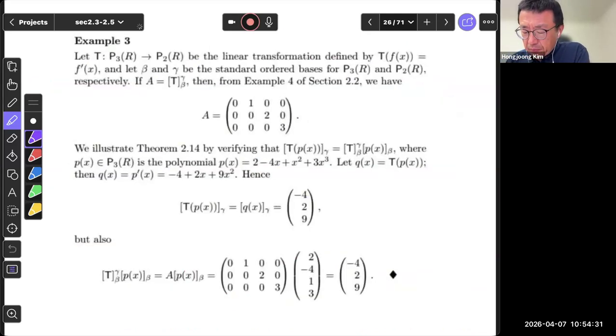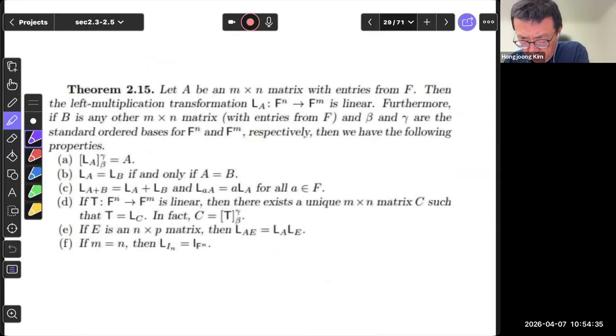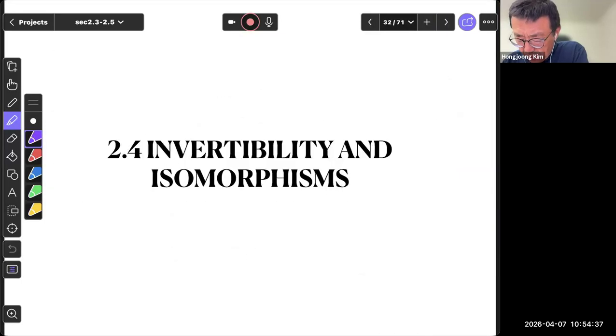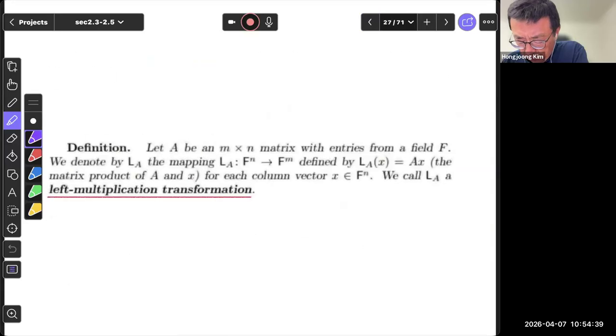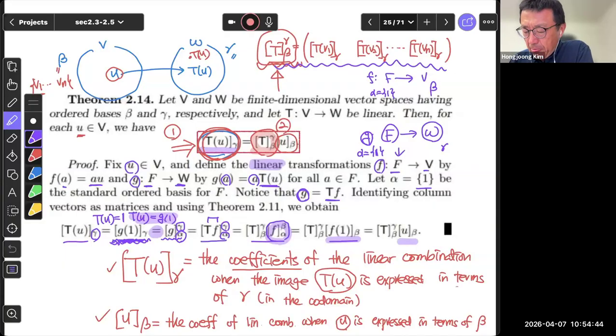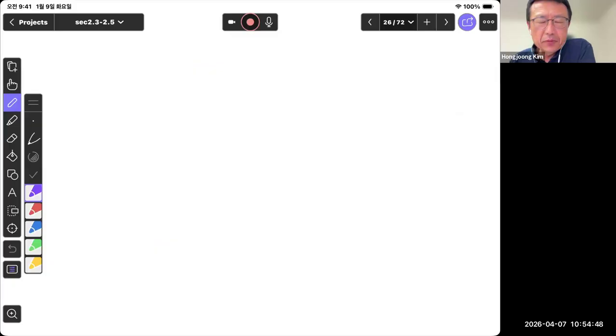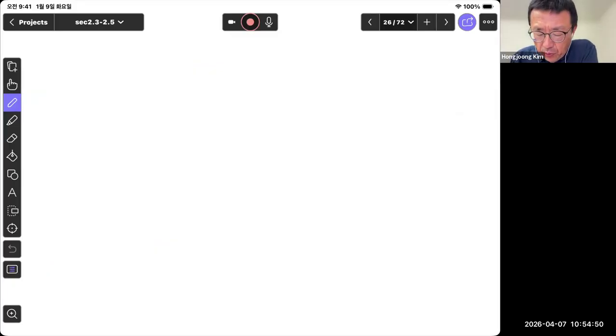So what is the meaning of this? So we have a linear mapping from V to W. And in V, we have a basis beta.